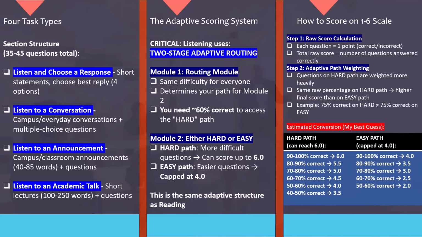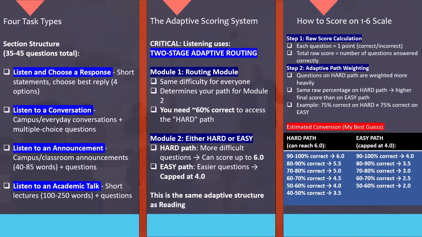Now, in most of the practices that I have created in the course, it goes easy, hard. I don't really go easy, easy. So it's pretty much more on the difficult path range, just so people can get used to the adaptive testing.